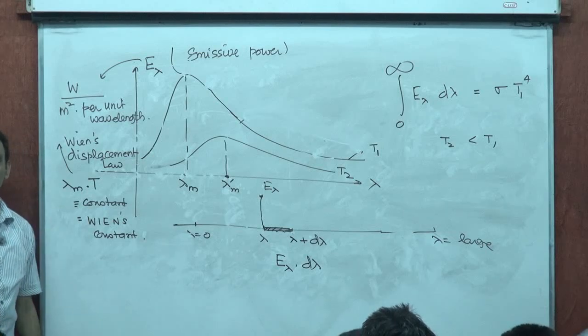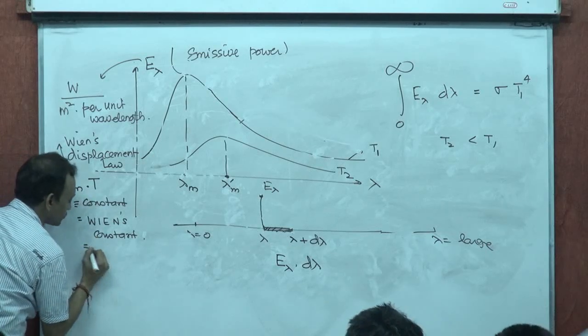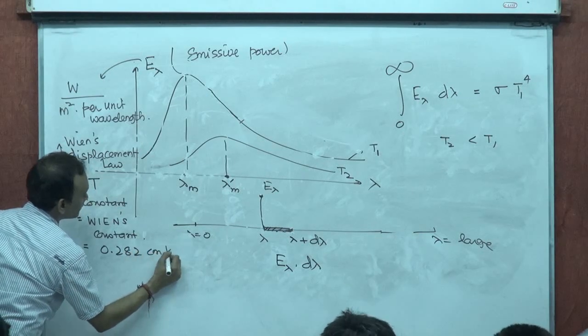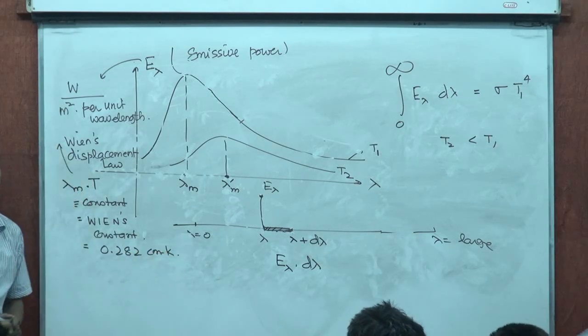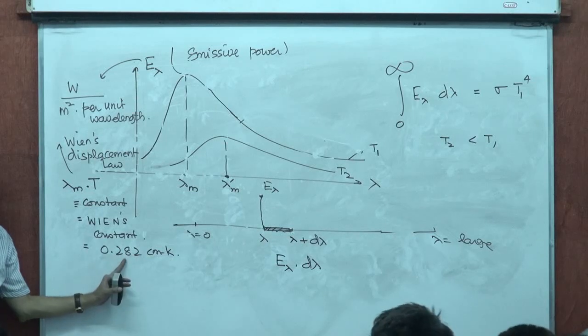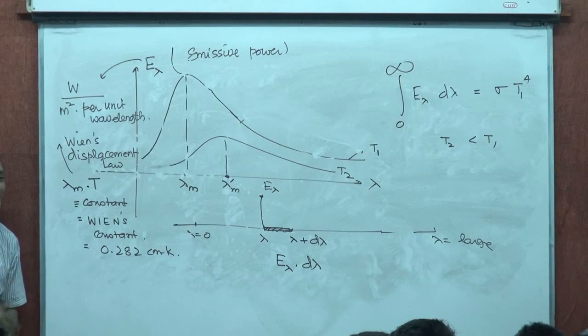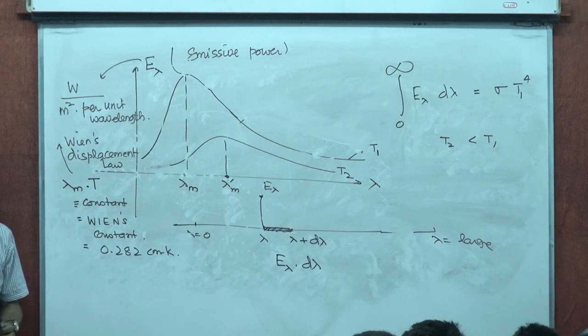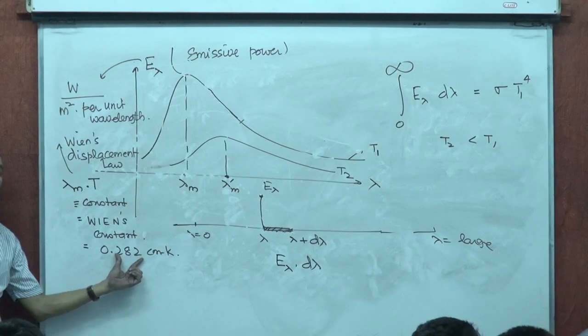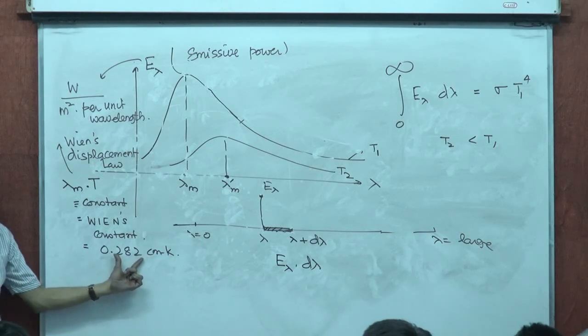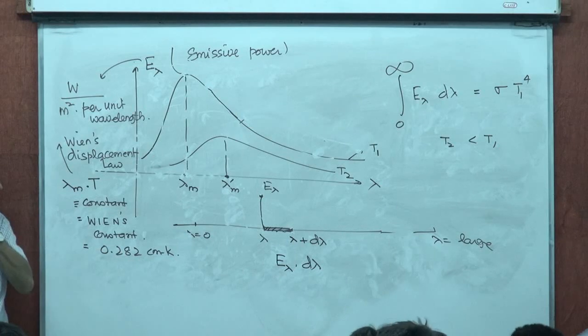Lambda m into T equal to constant, and its value is found to be 0.282 centimeter Kelvin. Sometimes they use this as 0.3, sometimes 0.29, based on the problem, whatever is more convenient in terms of calculation. So this is Wien's constant, 0.282.